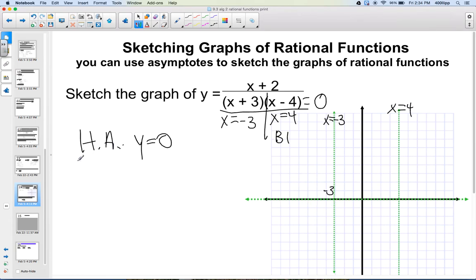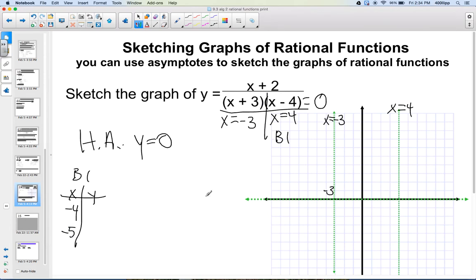We plug in points to the left of -3. For example, we can plug in -4, and we can plug in -5, and so on.